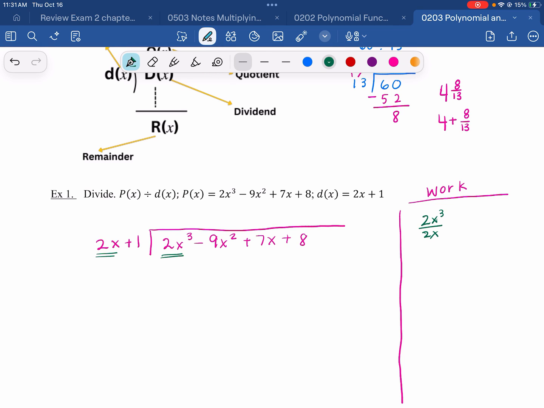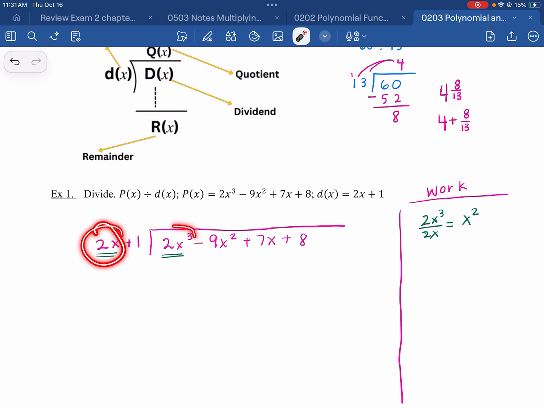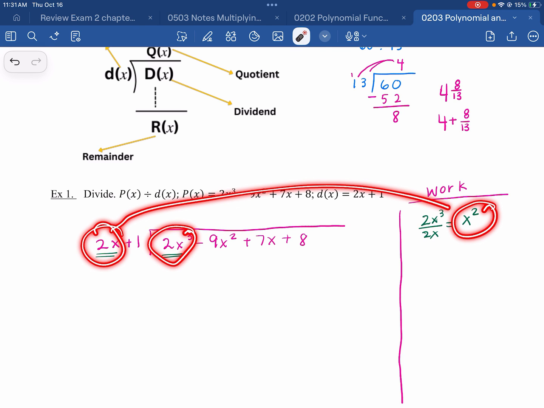We'll worry about the plus 1 in a minute. That gives me x squared. How I like to look at it is, what do you need to multiply 2x by to get to 2x cubed? Well, you have to multiply it by x squared. If you multiply 2x by x squared, that will give you the 2x cubed. It has to be the same.